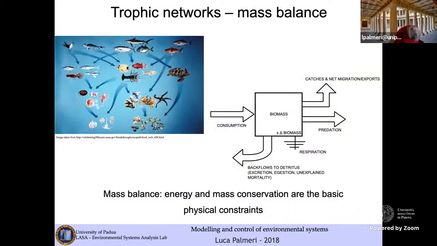You convert these kinds of interactions by employing mass balance, so energy and mass conservation are the basic physical constraints in this case.